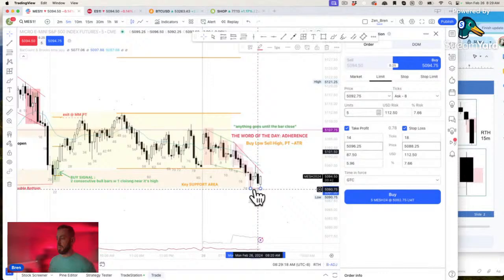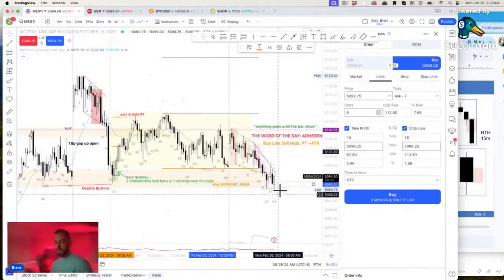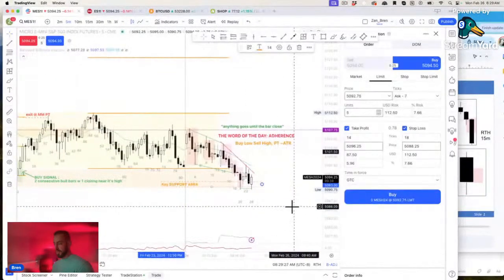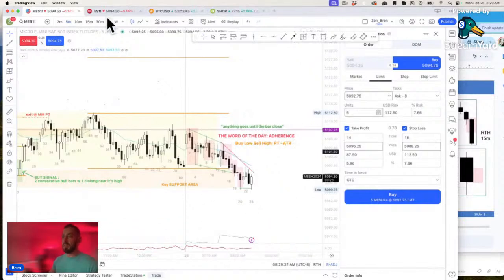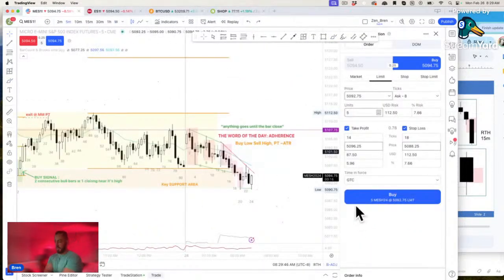Double bottom and a move up, right? Now, is it crazy to think that we found a bottom right around this key support area? No, it's actually perfectly reasonable. That's what support means. And honestly, I would expect that because we're in this bull trend on a higher time frame. That's a daily chart.